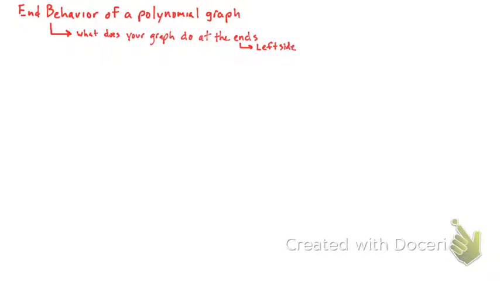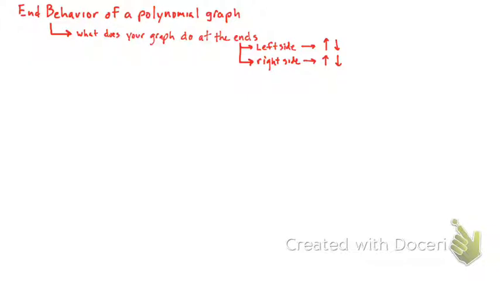Is it going up or down? And the same thing for the other end, the right side. Is the graph going up or down? There's a little more specifics to that, but that's essentially what end behavior is.